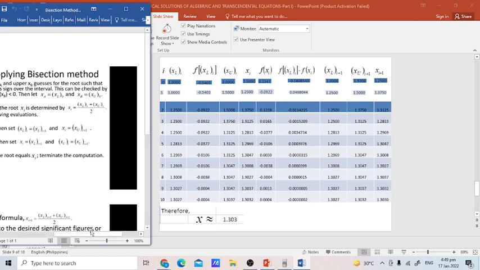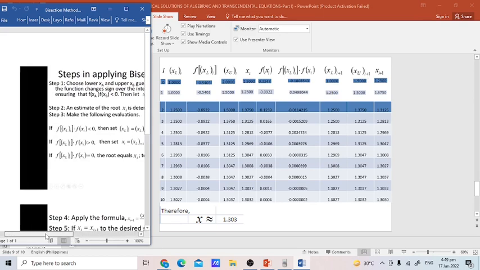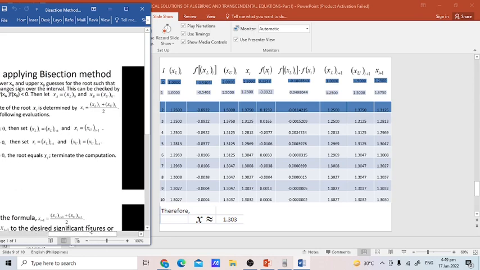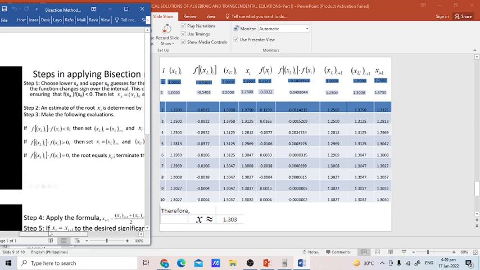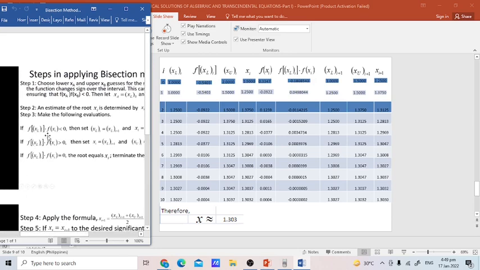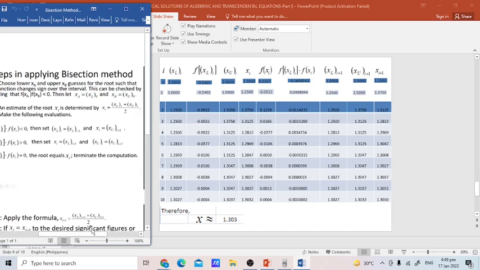So let's look at the procedure. Step 3, make the following evaluations. So we have f of x sub li times f of x sub i less than 0. If that is the case, we are to set x sub li equals x sub l i plus 1, and x sub ui equals x sub u i plus 1.